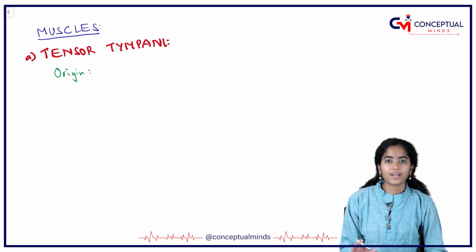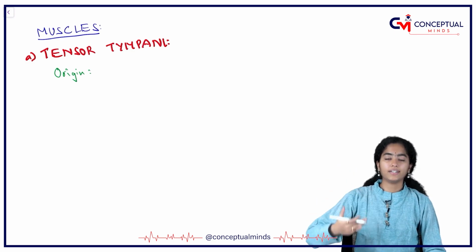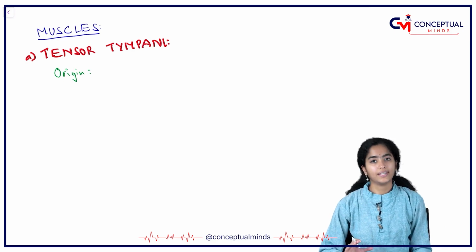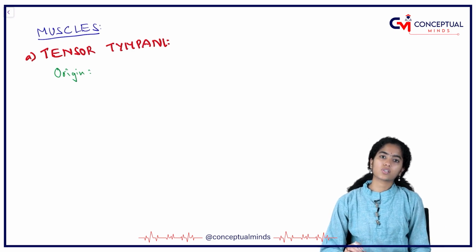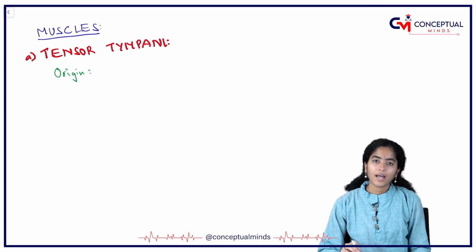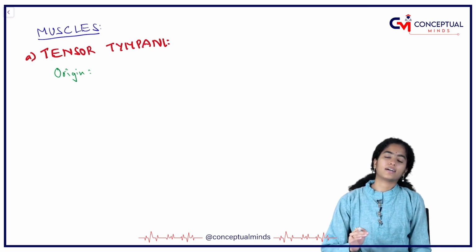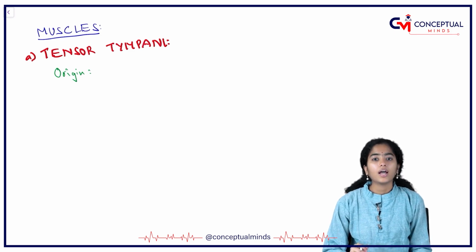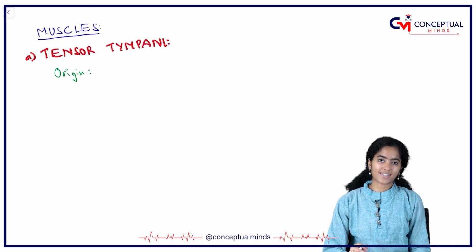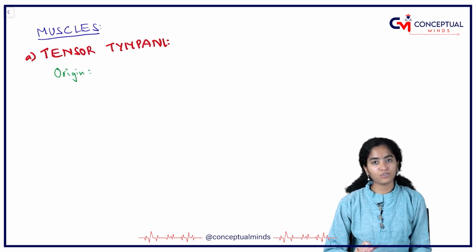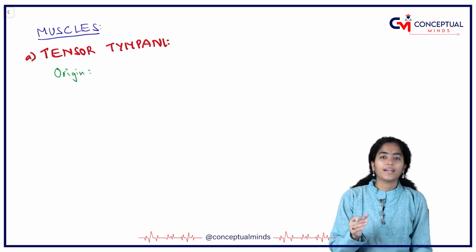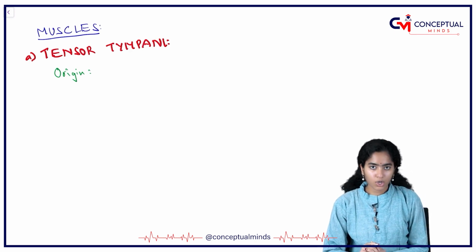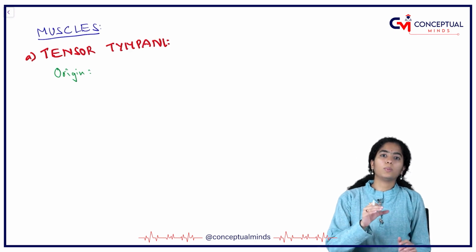If you remember, while we were learning about the anterior wall of middle ear, we learnt that there is an opening called eustachian tube and there is a bony canal for tensor tympani. Now the eustachian tube also has a cartilaginous part and a bony part, and this tensor tympani is coming right from the cartilaginous part. It takes a little origin from the greater wing of sphenoid plus its own bony canal.